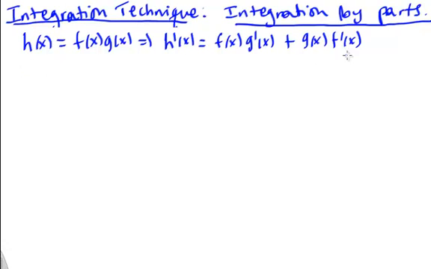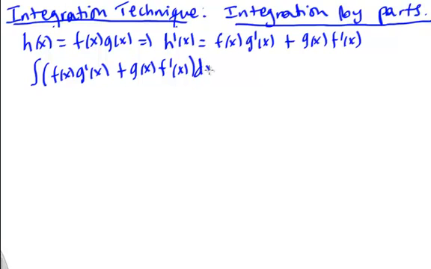So I'm going to reverse this now and do the antiderivative. In other words, I'm going to integrate the function f of x times g prime of x plus g of x times f prime of x with respect to x. Because this is the derivative of h, the antiderivative of this expression is h of x plus c, which equals f of x times g of x plus c.